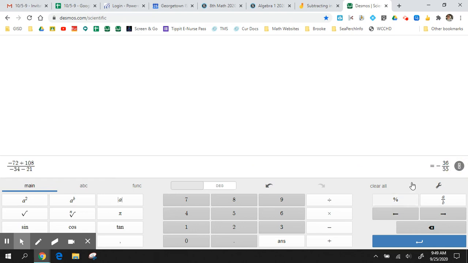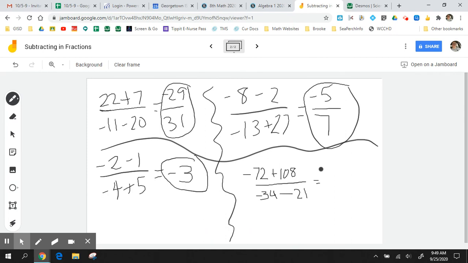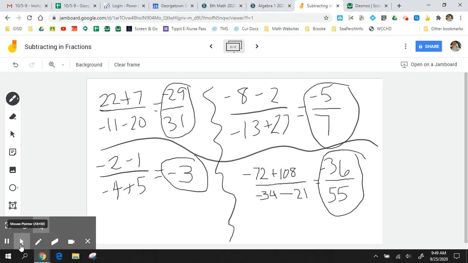I'm changing it to a fraction: negative 36 over 55. Hopefully that is what you got as well. So Desmos is easy to use. So is the yellow calculator. If you have any questions, of course, let me know.